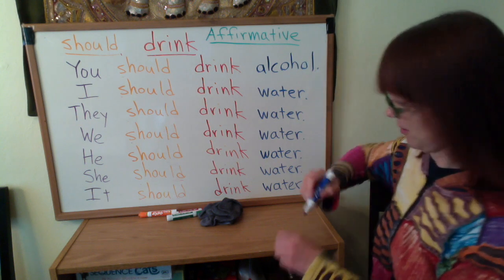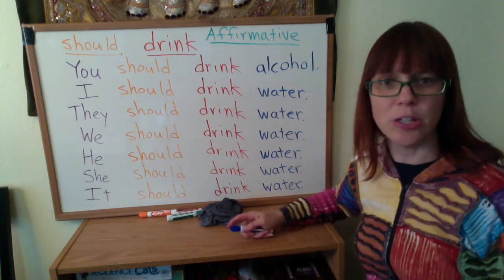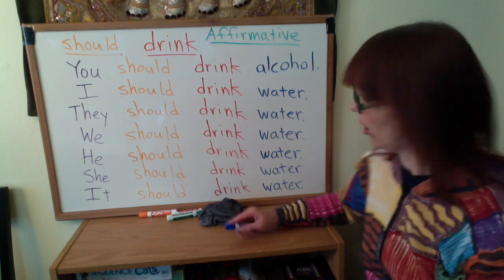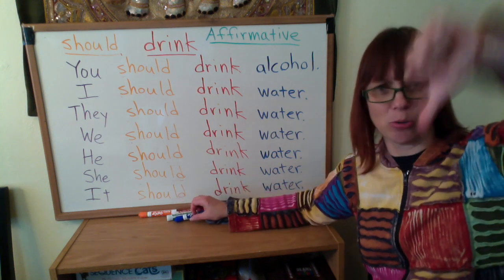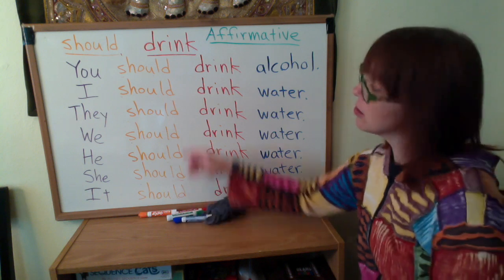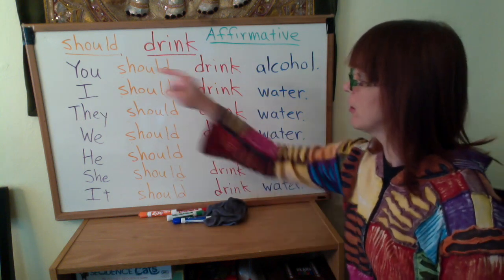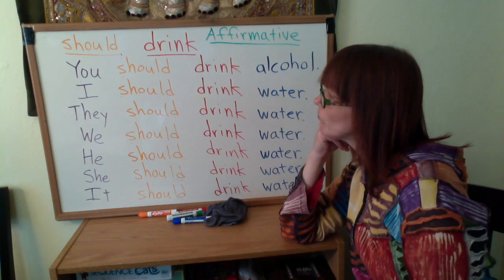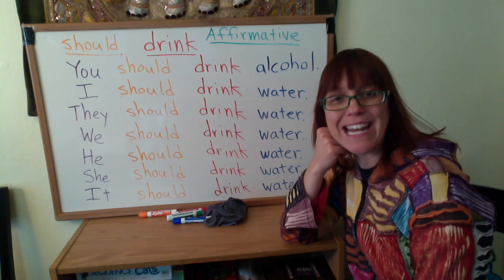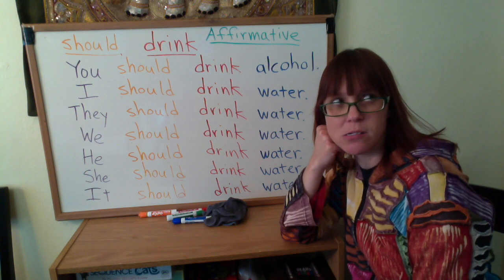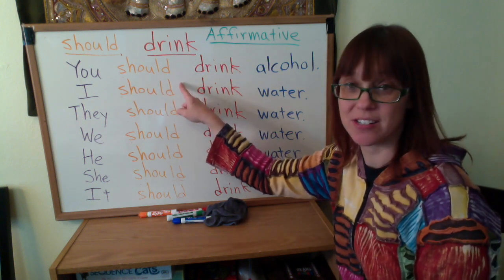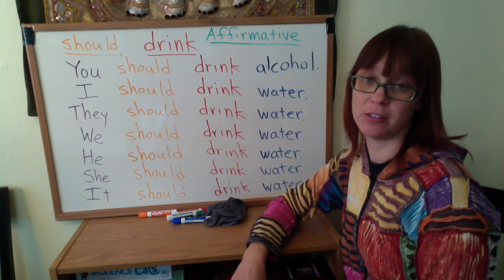A-L-C-O-H-O-L. You should drink alcohol, right? No, that's negative. I want to tell you, don't drink alcohol. So how do I make this negative? You should... So maybe I want to use not. You should not drink alcohol.